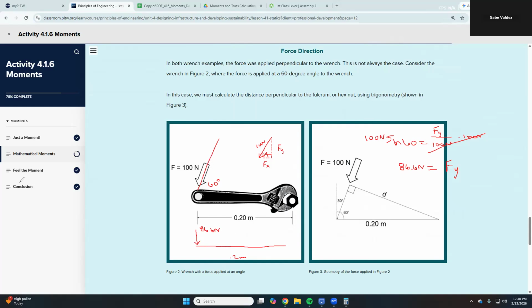Okay, so you have to break up that force into components. The x component, right? If I were to replace this force with an x and y component, the x component is to the left. I haven't calculated that out, so I'll just put F sub x. This force here is parallel to this distance, the point of rotation.